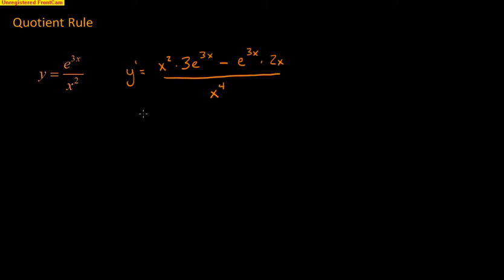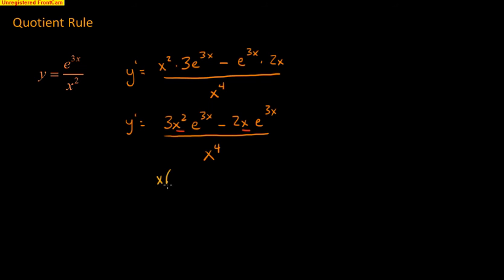Now some things to clean up here. So y prime, I'll have this as 3x squared e to the 3x minus 2x e to the 3x, all over x to the 4th. And again, this is okay, but as you notice here, hopefully, both terms in the numerator have an x.